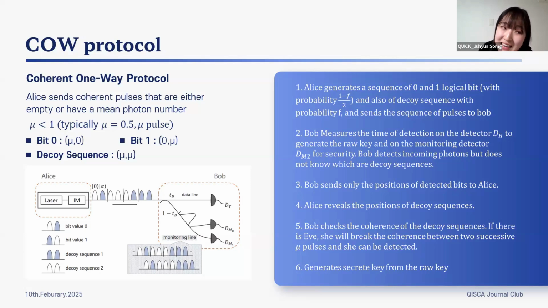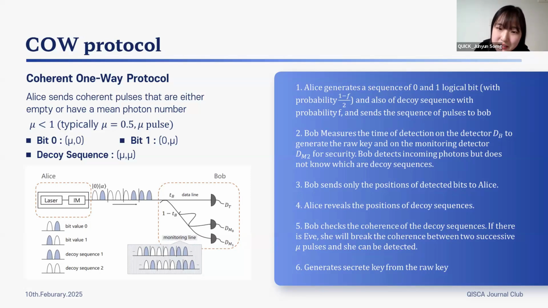Same as the BB84 protocol, Bob does not need to reveal the bit values. Instead, he only tells Alice the positions where he detected photons. For example, if Bob detects photons at time slot positions 1, 2, 4, 5, 7, or 11, he reports this to Alice.